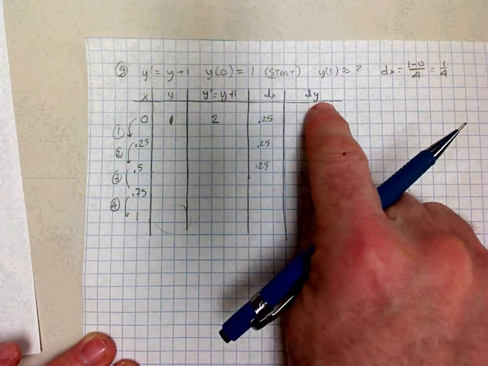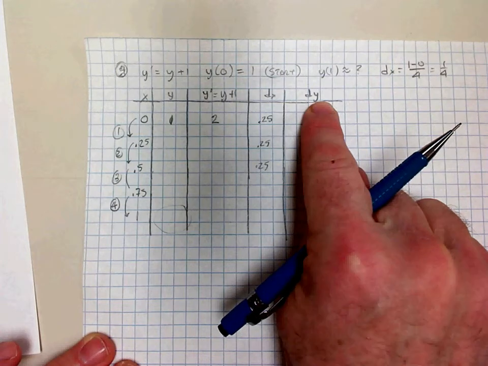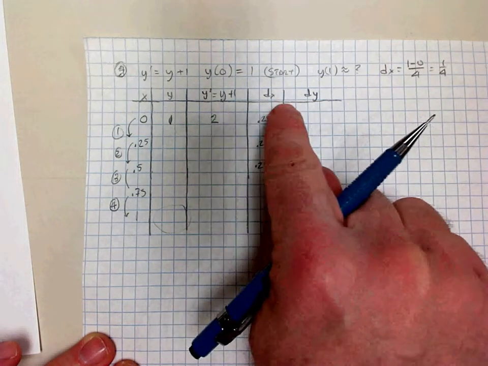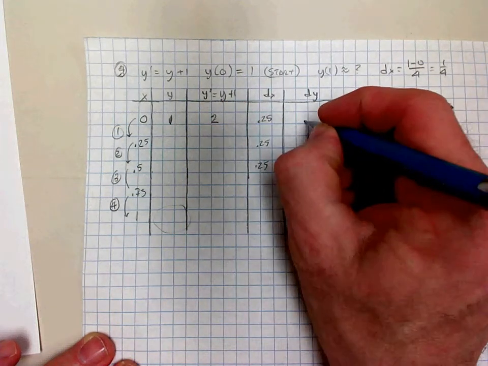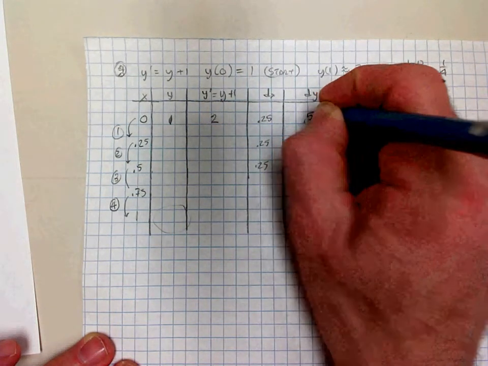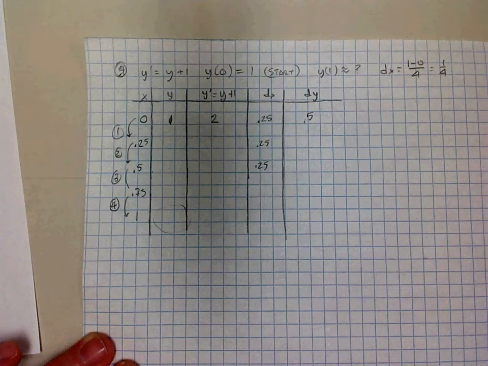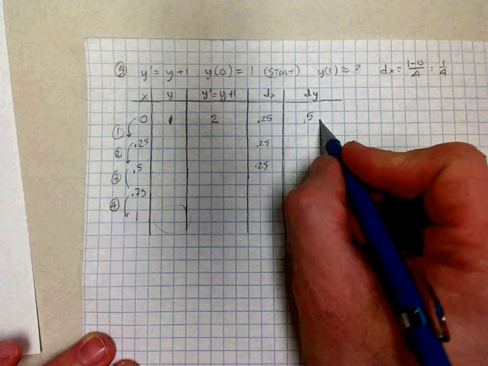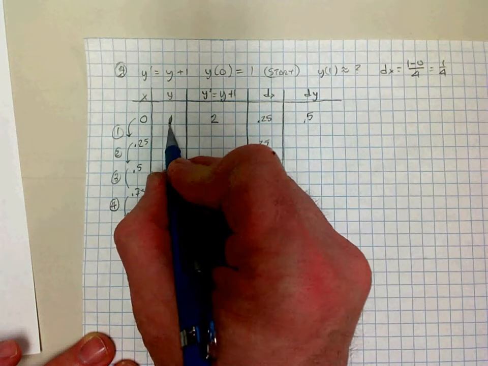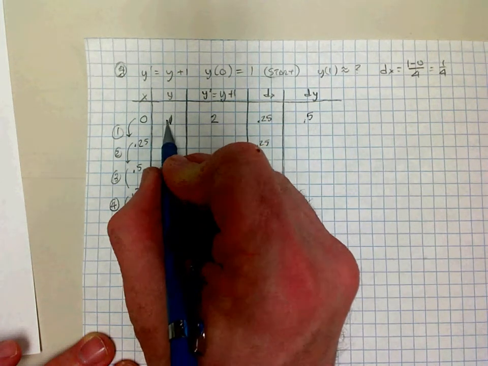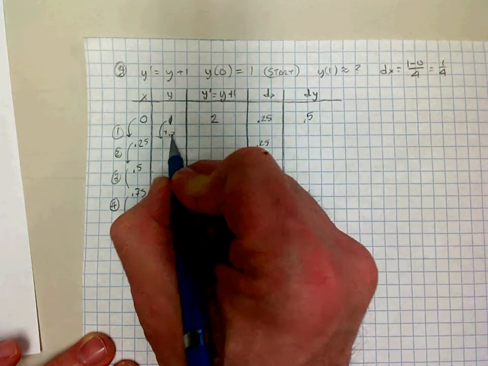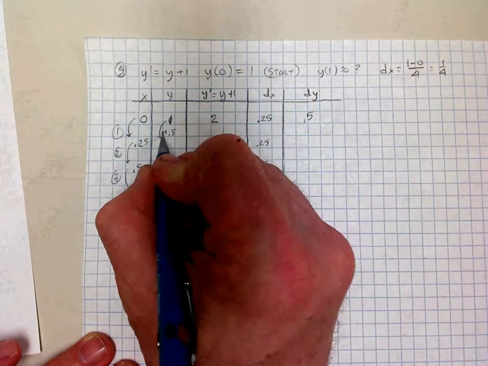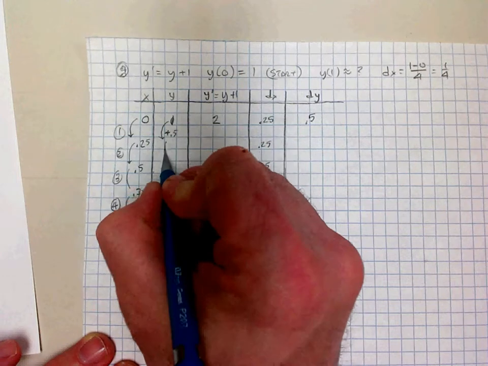dy is y prime times dx. So we're going to go 2 times 0.25 and get 0.5 for our dy. And then we know that our next y is going to be this y plus this 0.5 that we got, dy, which means our next y value is going to be 1.5.